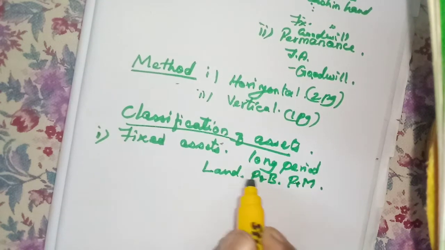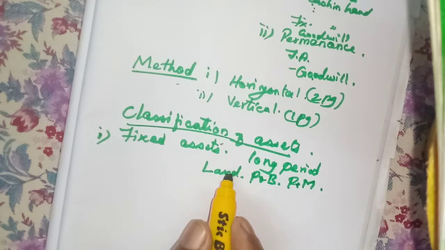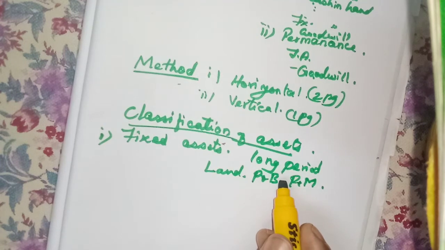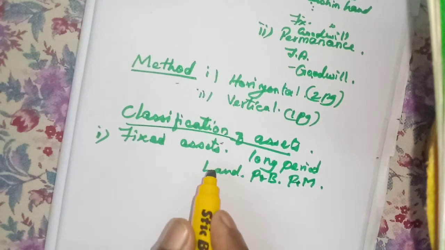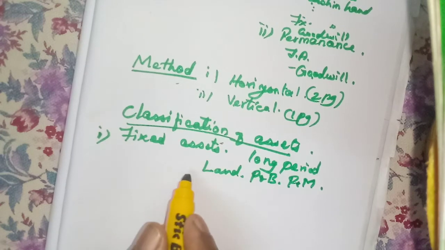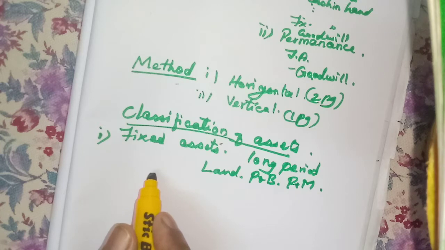All these we buy and we use in the same organization for the purpose of business activities for a long period of time. We never buy these assets in order to sell them, but to use in the organization.